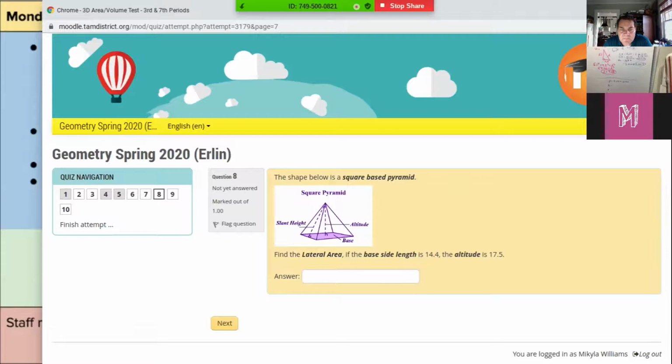I got 57.6. Perfect. Okay. And what's our height, our h? Also known as 17, as the altitude, right?